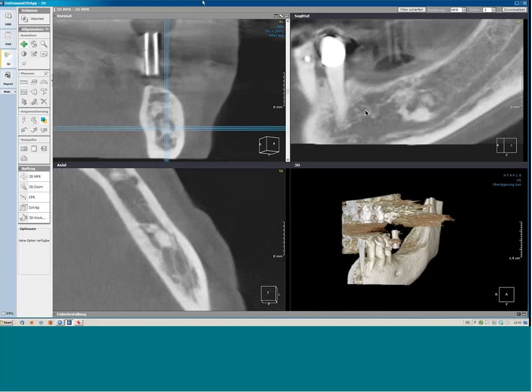And here, once again, very small changes. Could be reactive sclerosis as well, could be dislocated compact bone. From the radiological pattern, we don't know, so we can only say we have to figure out if you really want to put some implants in there.